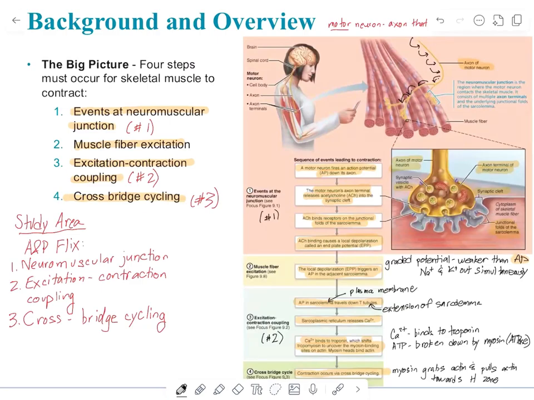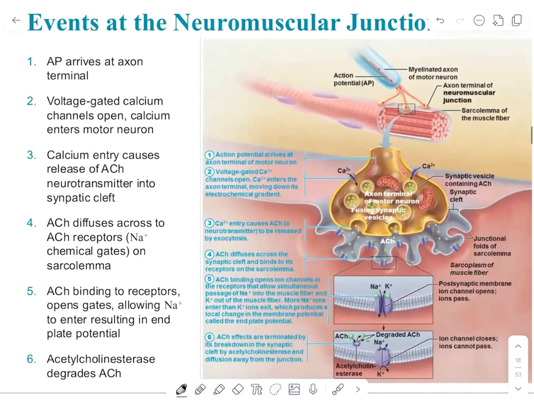So now we're just going to look solely again at the neuromuscular junction in this slide. So you should know these steps. You're not going to have to list them or anything, but you should be able to pick out from a multiple choice question what the proper order is. So we have action potential arriving at the neuromuscular junction.